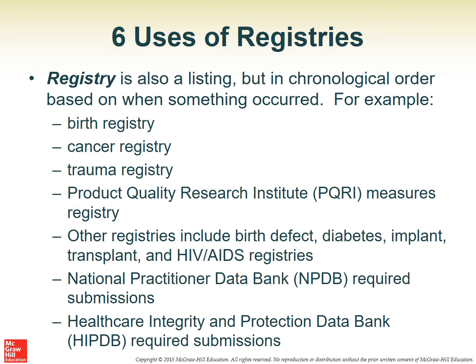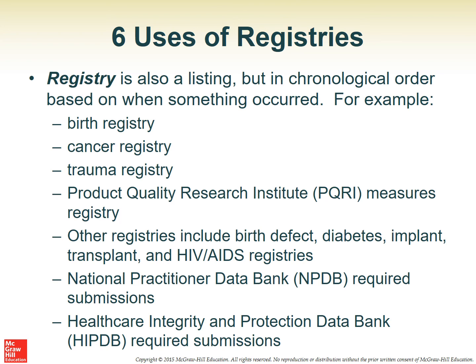Next slide is speaking about uses of registers. A registry is also a listing, but in chronological order, based on when something occurred. For example, birth registers, cancer registers, trauma registers, and Product Quality Research Institute registers.